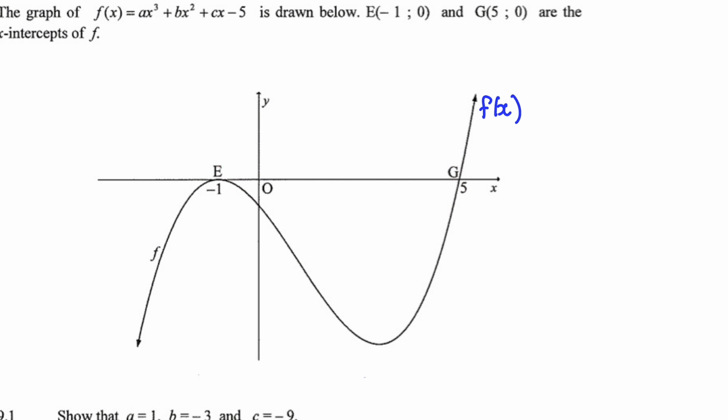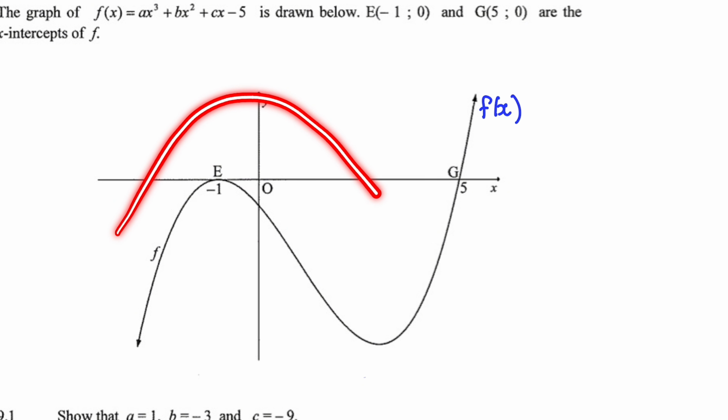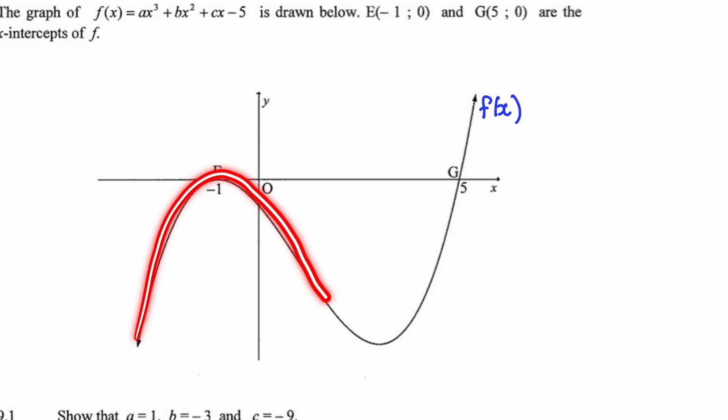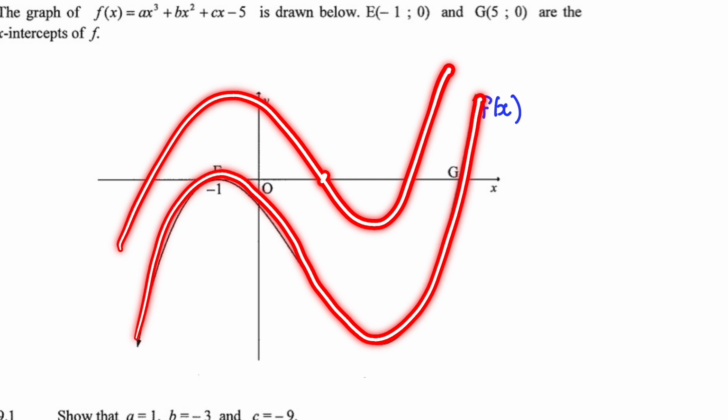Now the question asks what the value of t must be for it to have a negative root and two positive roots. So that means that the function must intersect on the negative side of the x-axis and at two places on the positive side of the x-axis. So what we need to do is move the graph of f x up in such a way to have positive values and one negative value.